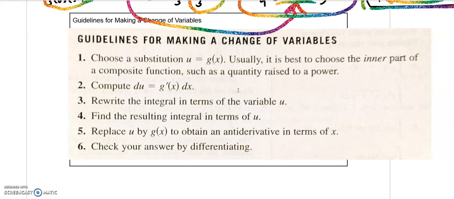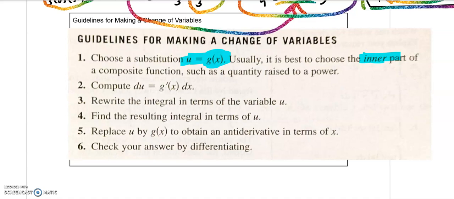You're not able to. All right, so first of all, you have to choose what you're actually going to substitute in, or out, I should say. You have to figure out what is that function that I'm going to choose. And again, it's going to be the inside of your composite function. And then you go ahead and find the derivative of this thing right here, and you would get du over dx.